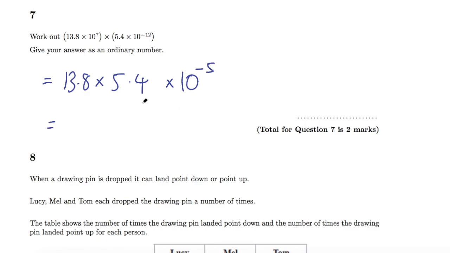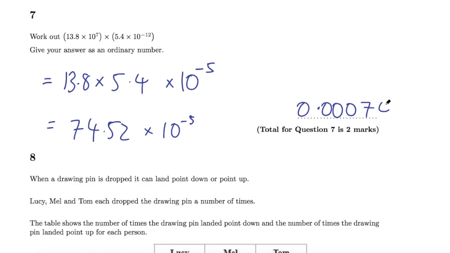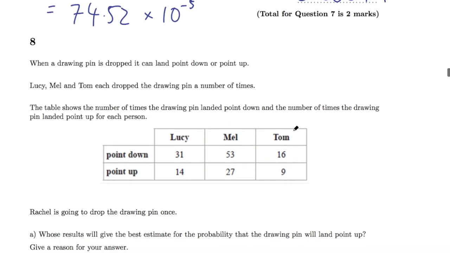If you do that calculation, you get 74.52 times 10 to the minus 5. And then you can go ahead and count back with the decimal place, and you get 0.007452 for 2 marks. Or you could just put that straight into your calculator and you'd be fine.